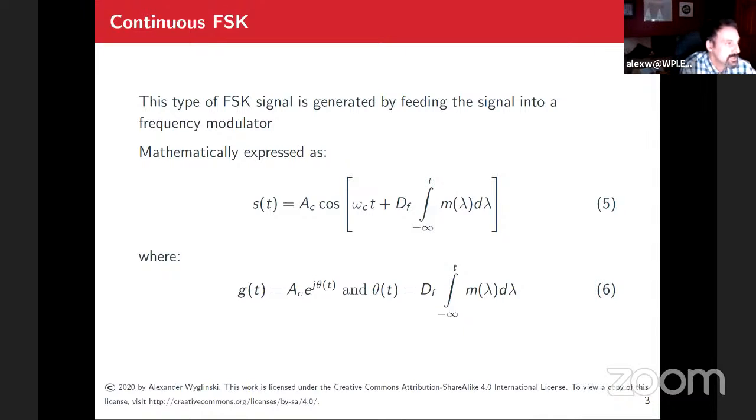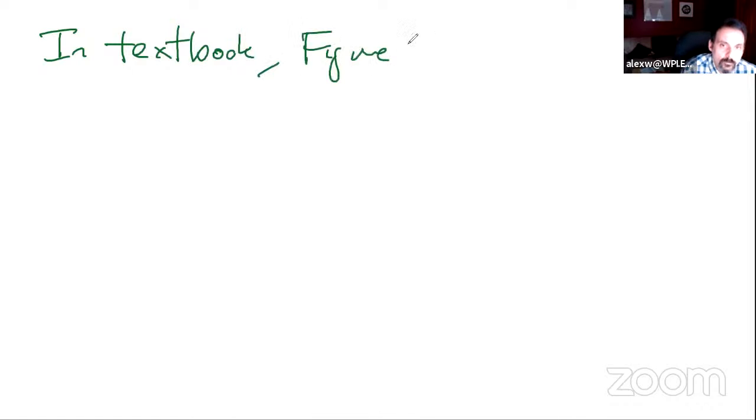So for instance, in the course textbook, this is figure 5-25. You're given a few examples of how you can represent this type of m of t message, right? So m of t.